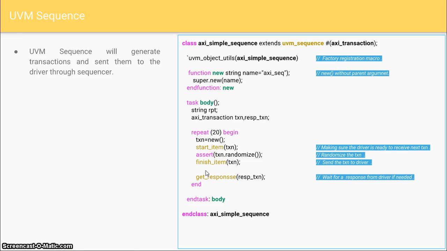But remember that your sequence and the driver should always behave in hand, so that if a sequence is expecting a response, the driver should send the response, and only then the sequence should send the next transaction. So you should always keep in mind the behavior of the driver when you write the implementation of the sequence.